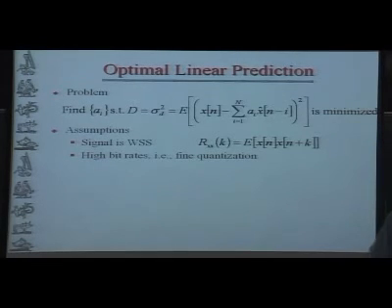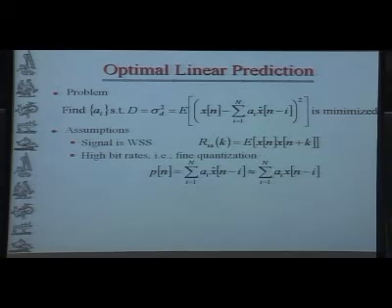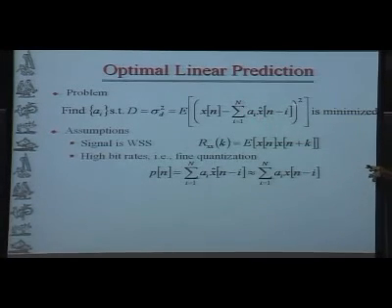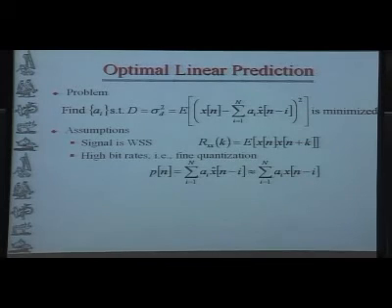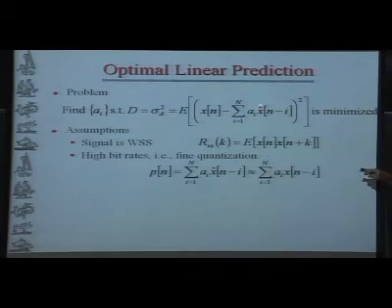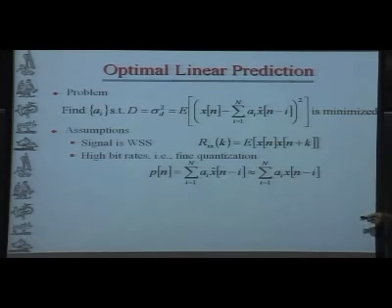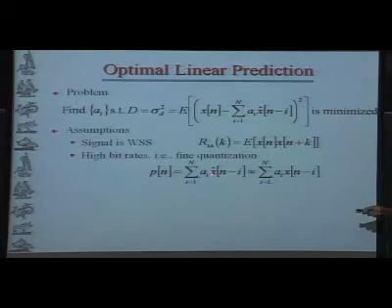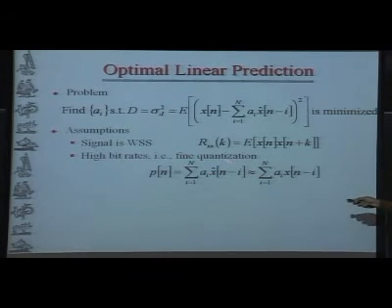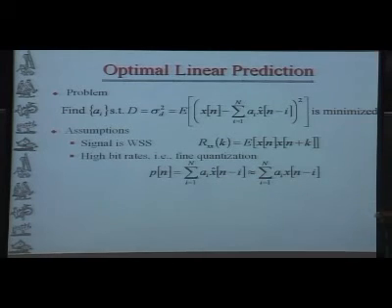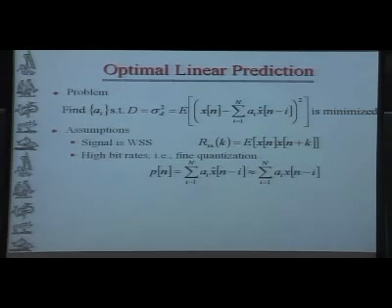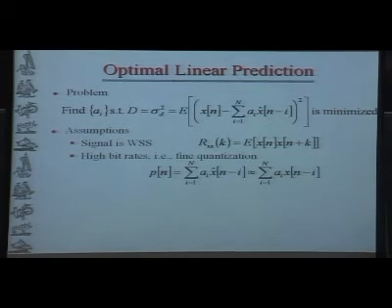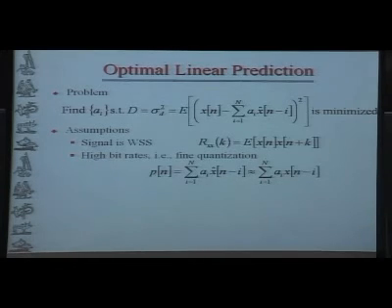Now, Pn in closed loop has the hat. But I'm going to make an assumption as well: with a high bit rate, having the hat or not having the hat is roughly the same, because you have a very small quantization step size, so you make very little error.